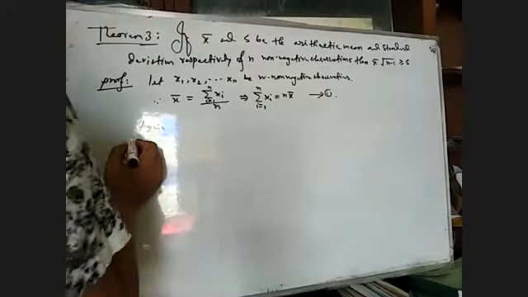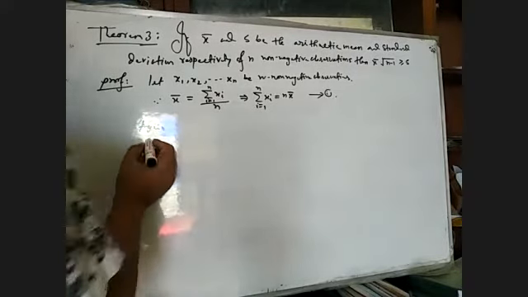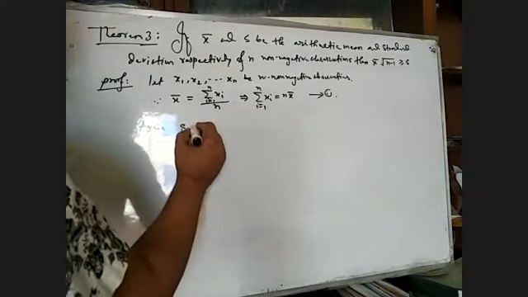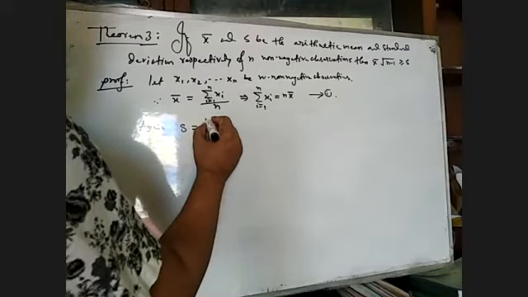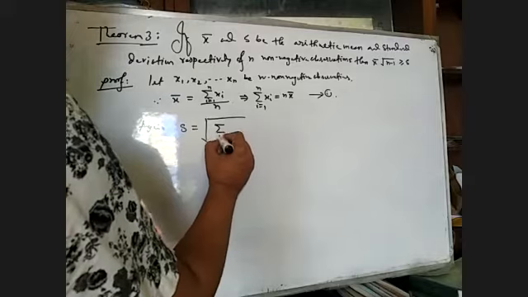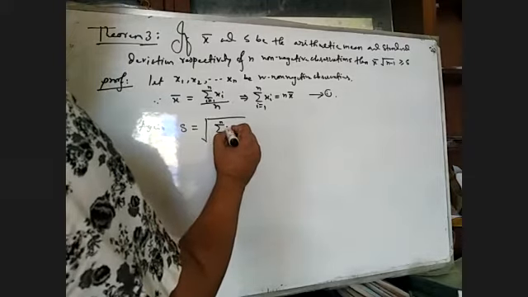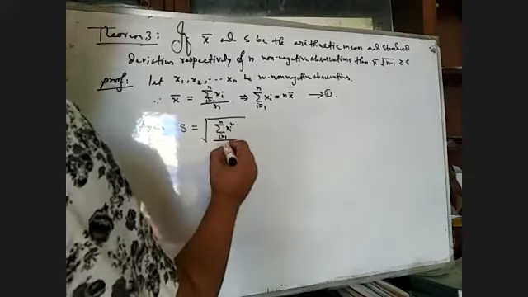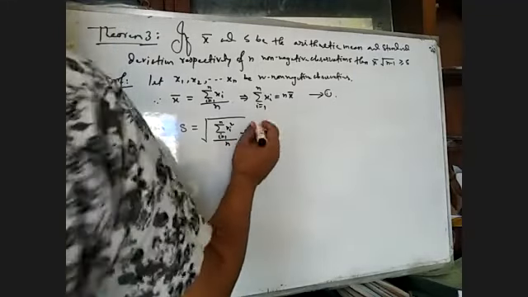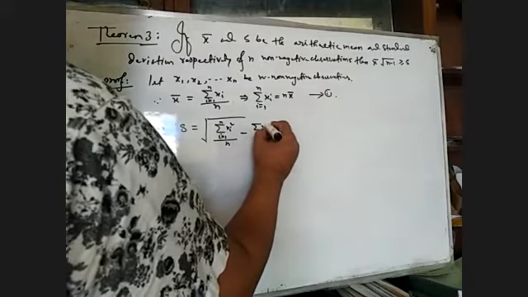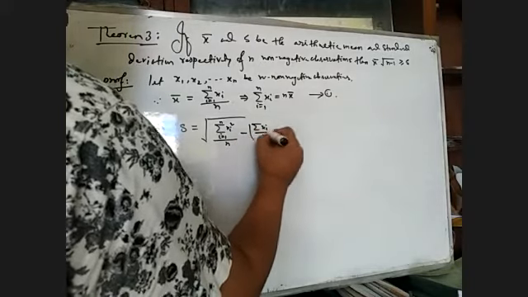Again, the standard deviation formula you must know. S equals root over summation xi square divided by n, i equals 1 to n, minus (summation xi by n) whole square.